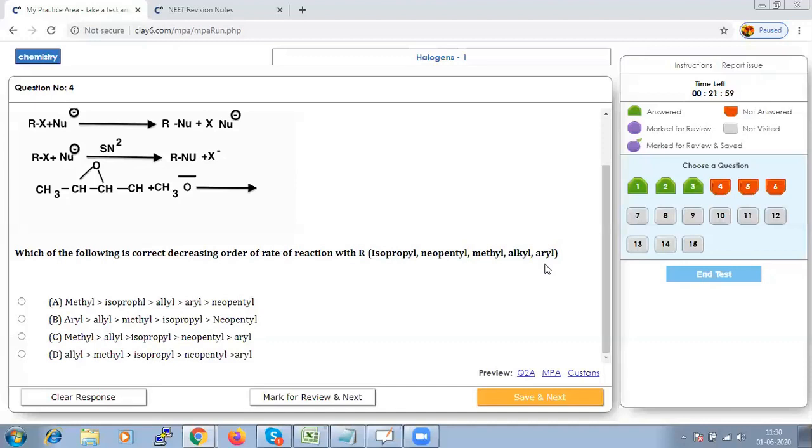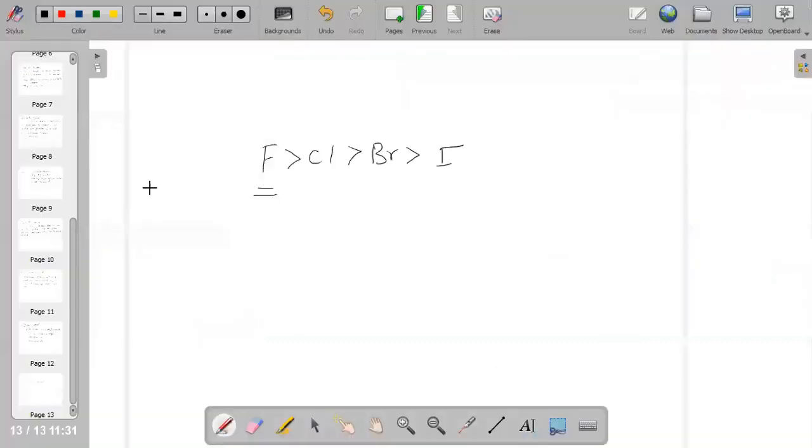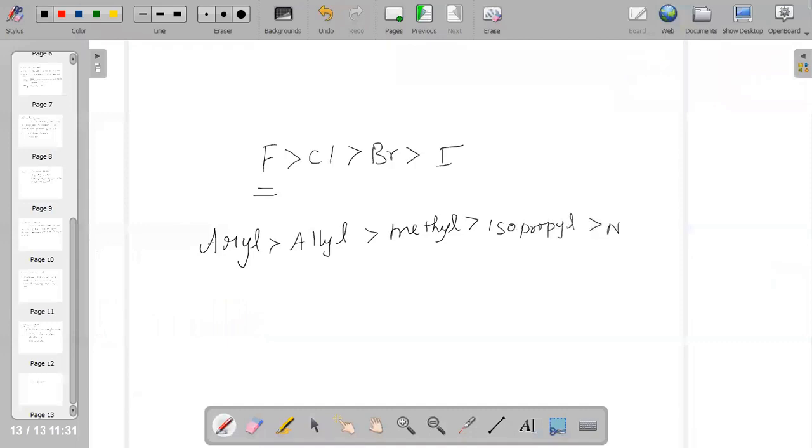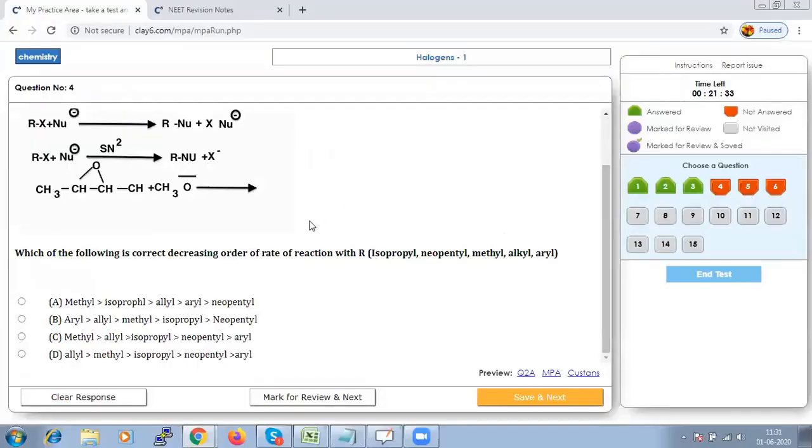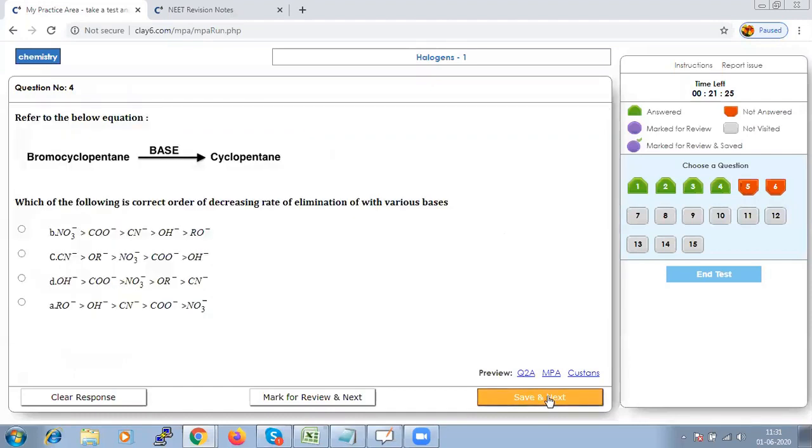Hence you can say that the order of reactivity will go as aryl greater than allyl greater than methyl, isopropyl, and neopentyl. So this is the order of reactivity. Hence we could say that option B should be the right answer. Let us save that and go to next.